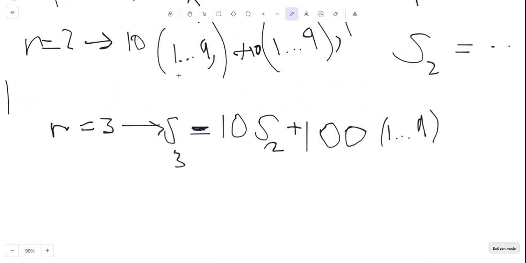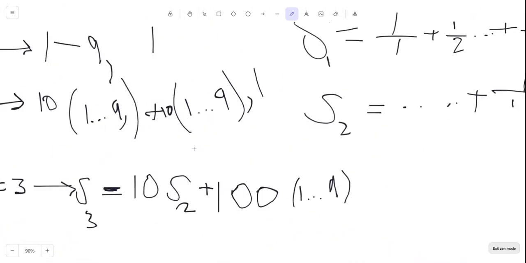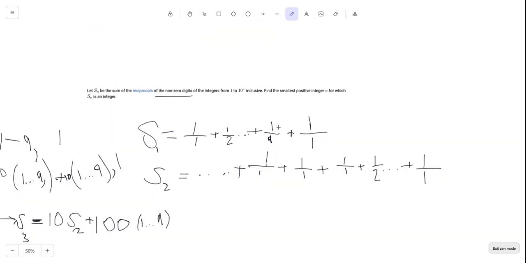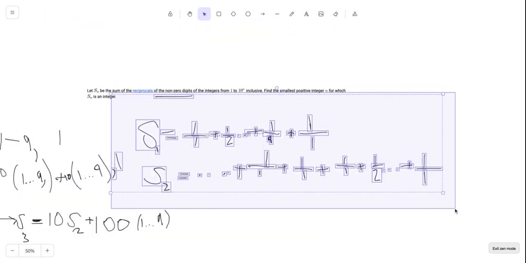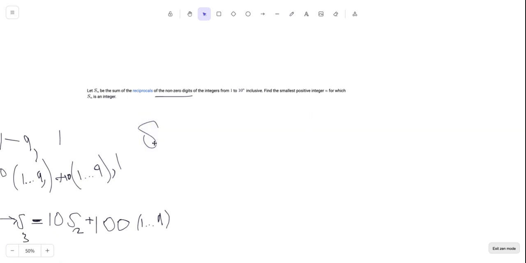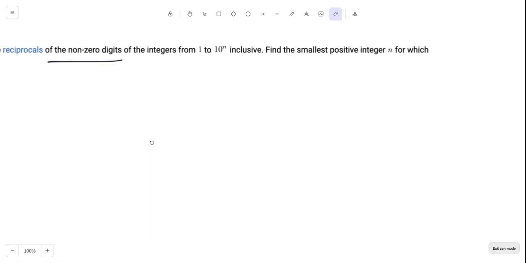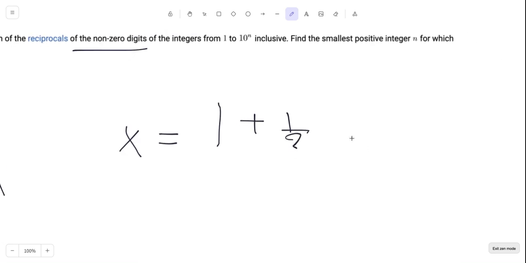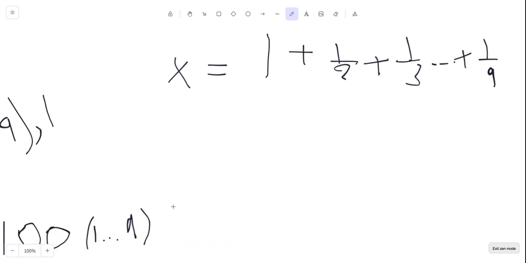And since this term appears so often, let's give it a variable. Let me clear up that space. If we let x equal 1 plus 1/2 and so on, the sum of reciprocals, 1 is just 1/1 by the way, let it be x.